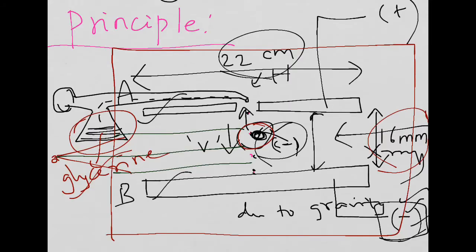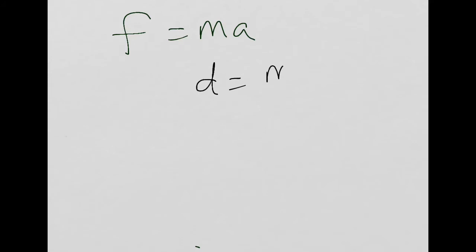Now, as the experiment was told by the principle, let's talk about the motion under gravity. The uncharged oil drop falls down definitely with a force, right? Force is nothing but mass into acceleration, so F = ma. We know density is equal to mass by volume, therefore mass can be written as density into volume.